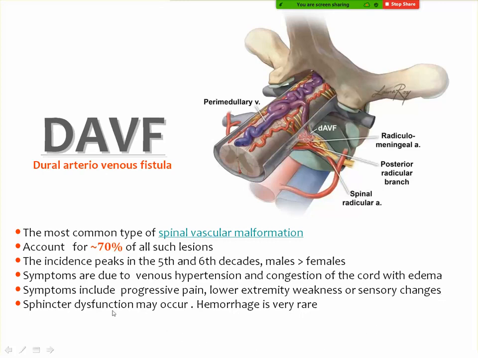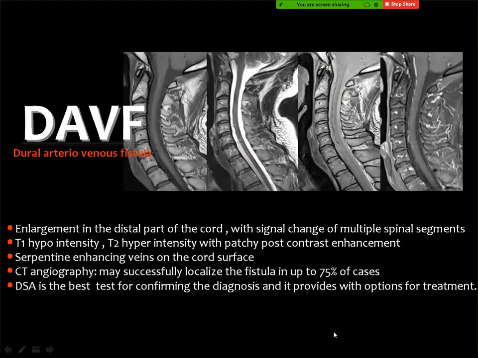What is very important, and even you may remember this if you heard by phone that this patient is suffering from sphincteric dysfunction, then put in your mind that dural arteriovenous fistula is one of the possibilities, because many times this fistula may be overlooked, or what you are looking for are some disc lesions, some abnormalities in the cord parenchyma, fractures, or something like this if there is a history of trauma.